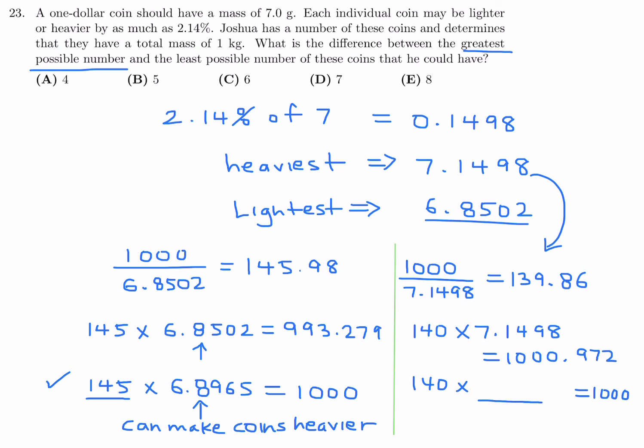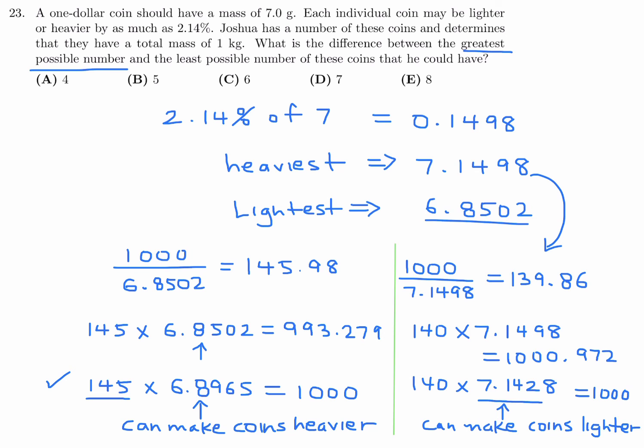So I take 1,000 divided by 140, and I get 7.1428. That's perfectly fine because I can make the coins lighter.